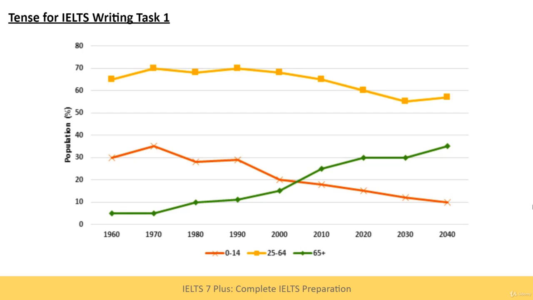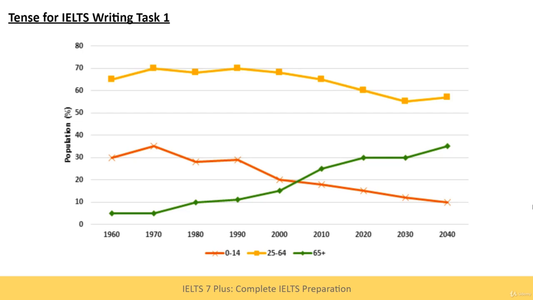So on the y-axis, I have population. Along the x-axis, I have a range of years and decades from 1960 to 2040. The data shown on the key below the dates is 0 to 14, 25 to 64 and 65 plus. So I'm going to assume, and rightly so, that this is world population percentages by age group.